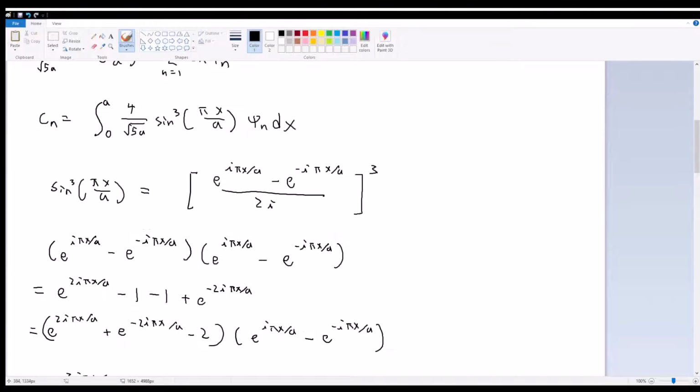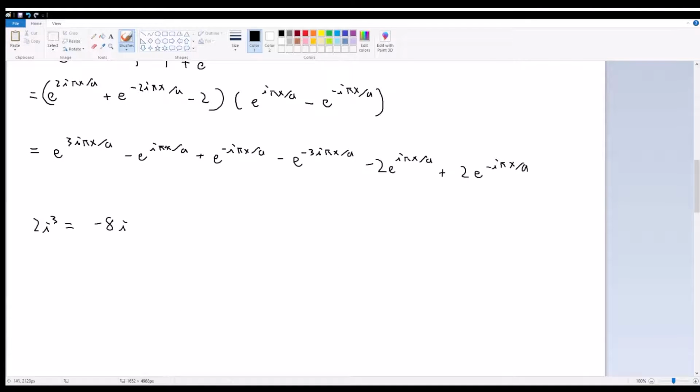So what I'm left with is that psi of x comma 0 is equal to a multiplied by this expression. Immediately, is there anything I can combine? So this is going to be e to the 3i pi x over a, and then let's do the i terms next.